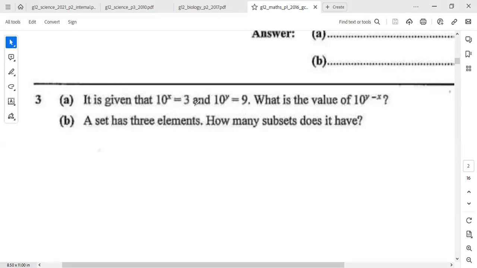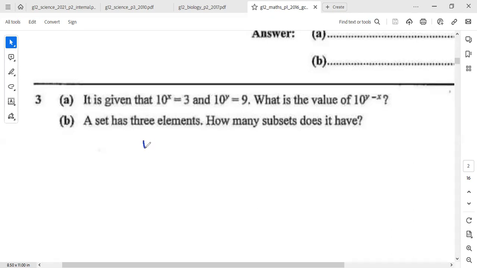Now this is something on indices. That's something you should know. Now these guys gave us 10^(y-x). We definitely know that when we have indices, if you have the same base and the powers are subtracting, it actually means initially these guys were dividing.